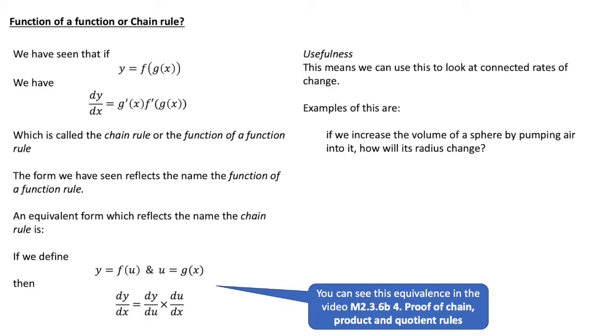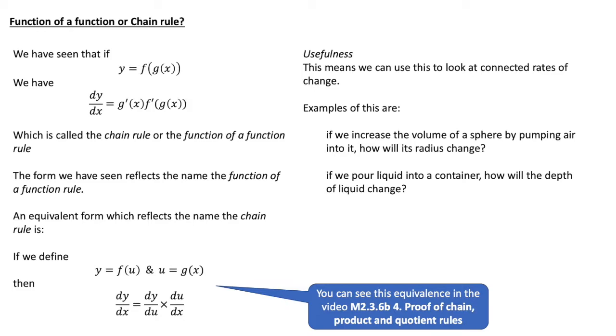It's not at all obvious. Another example, if we were pouring liquid into a container, and that could be a sort of bowl shape or it could be a cube, but depending on the shape of the container, the depth of the liquid will change in different ways, and that means we've got connected rates of change going on.